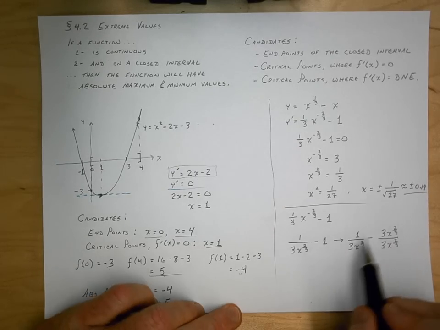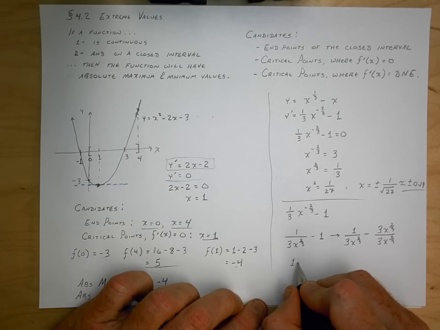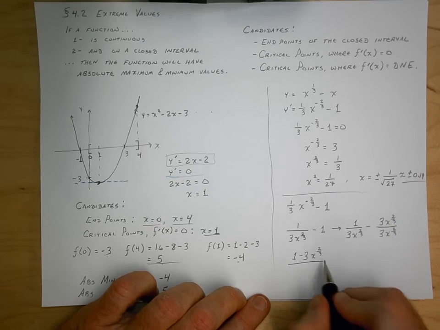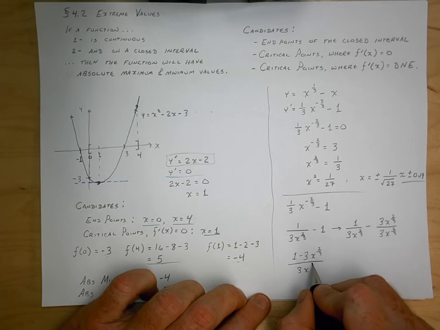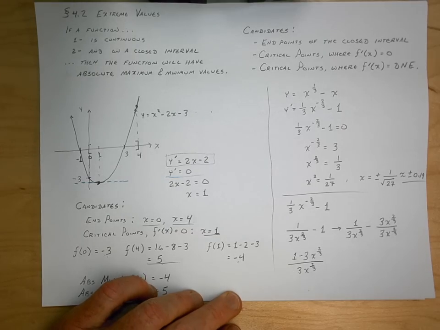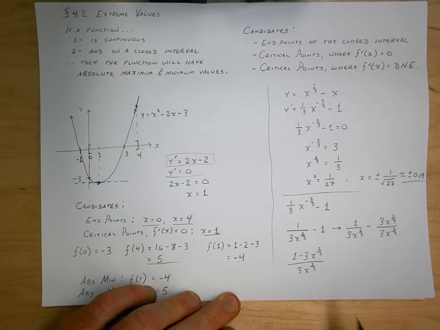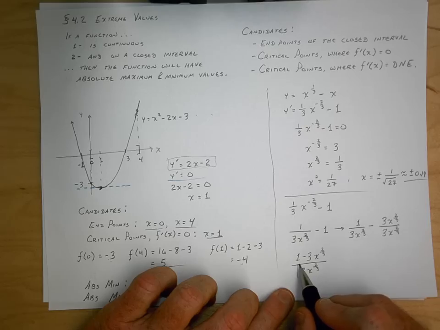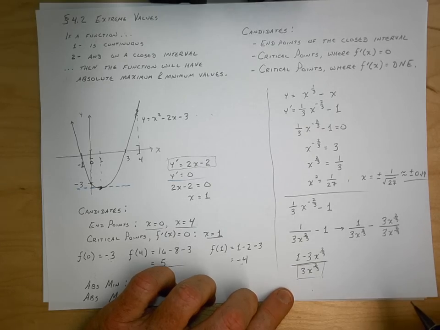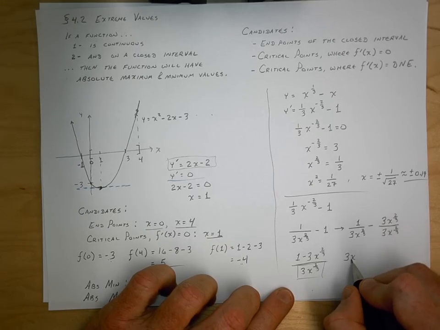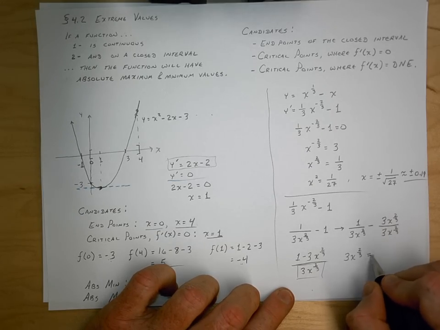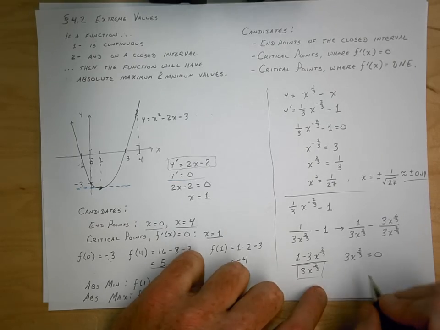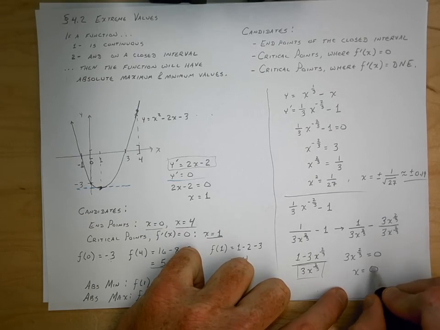And now I can push this together into one fraction. Okay, now that I've got this as one big quotient, this expression goes to does not exist when the denominator goes to 0. So let's just pull out the denominator and set it equal to 0, because that's what will make this entire expression go to does not exist. A little bit of algebra will show me that the result is x equals 0.